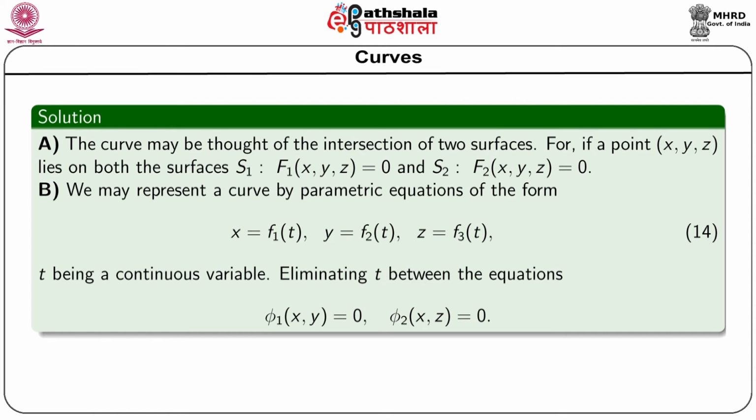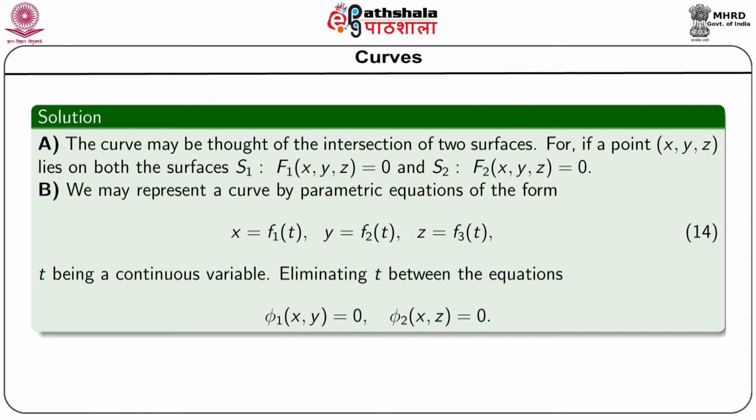Therefore, a curve may be thought of as the intersection of two surfaces, and this is the general representation of the equation of a curve: S1, f1 x y z equals 0, and this is another surface S2, f2 x y z equals 0.